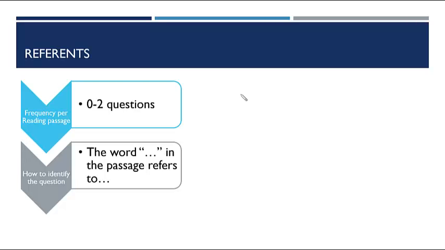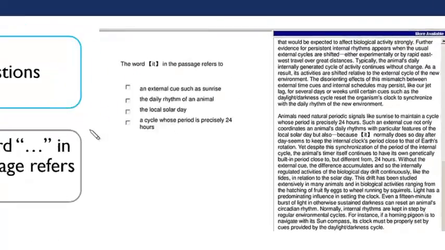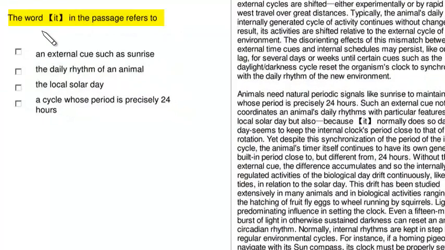Then, reference. The frequency per reading passage is 0 to 2 questions. You are going to identify this type of question by reading the following phrase: the word in the passage refers to. For example, in this case we have the word "it" in the passage refers to.